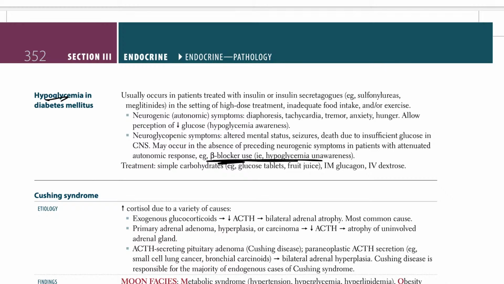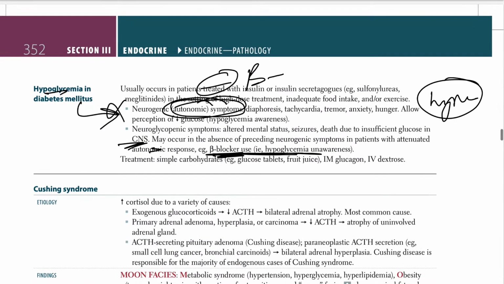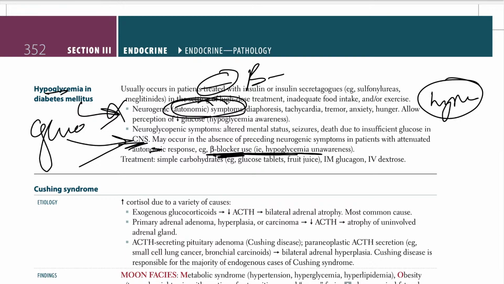So if you block, that is why beta blocker use causes a problem here. Beta blocker use would inhibit your autonomic symptoms. So even if the body is going into a hypoglycemic state, it doesn't know. By the time hypoglycemia hits, the CNS is not getting glucose. The CNS doesn't wait. It's like, where is the glucose?